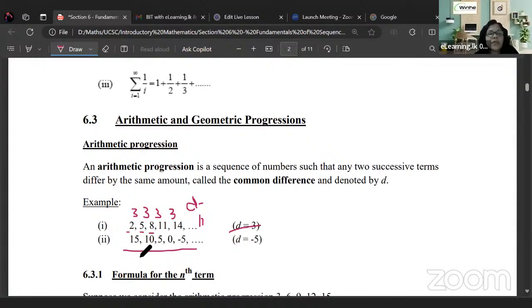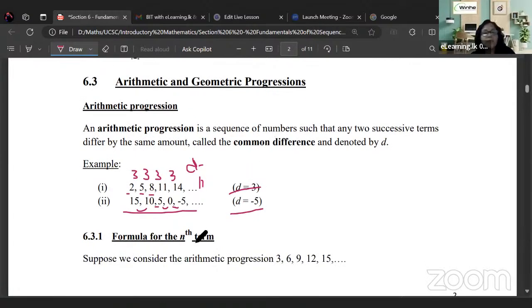Right? So if you consider any two successive terms, the difference is minus 5. Therefore, the common difference of those terms is equivalent to minus 5. If we have a common difference, we can write a formula for the nth term.